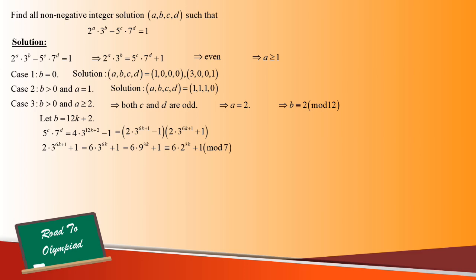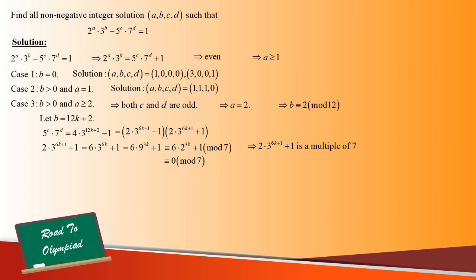Notice that 2^3 is equal to 8, which is 1 mod 7. We can further simplify this into 6 times 1 plus 1 mod 7, which is equal to 0 mod 7. This implies that 2 times 3^(6k+1) plus 1 must be a multiple of 7.